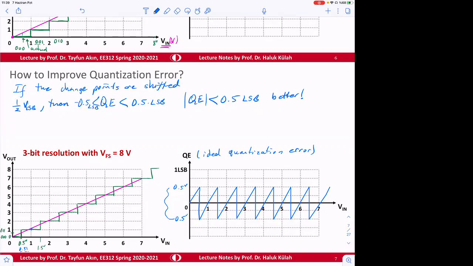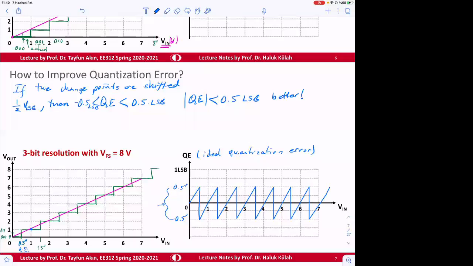So we'll see that there might be some mistakes because, let's say, we say it should be switching at 0.5 volt, but then the analog circuit that we make is going to be switching at 0.6 volt by mistake. Okay, and then we'll see that the quantization error is going to be changing. So this is the ideal quantization error. And we'll see how we will then be making some more definitions of the mistakes.